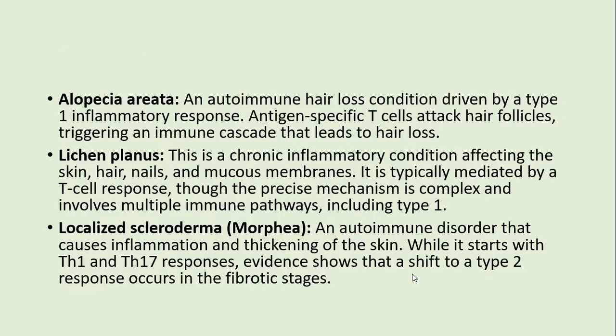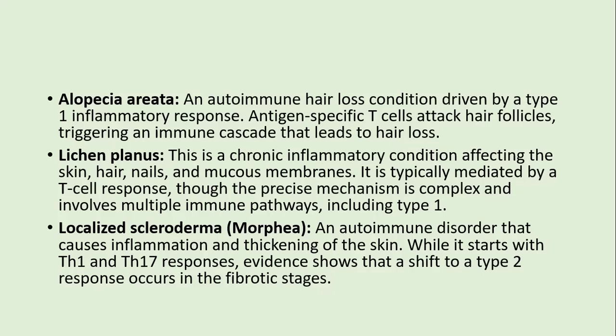Alopecia areata is another disease belonging to type 1 immunity. It's an autoimmune hair loss condition. Antigen specific T cells attack the hair follicles, triggering an immune cascade that leads to hair loss.